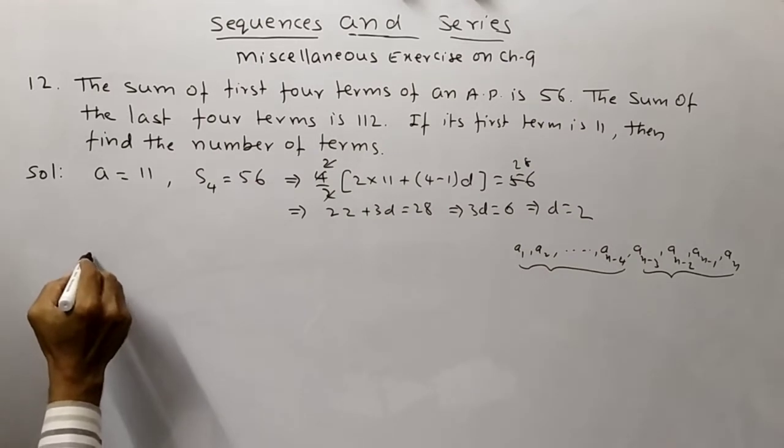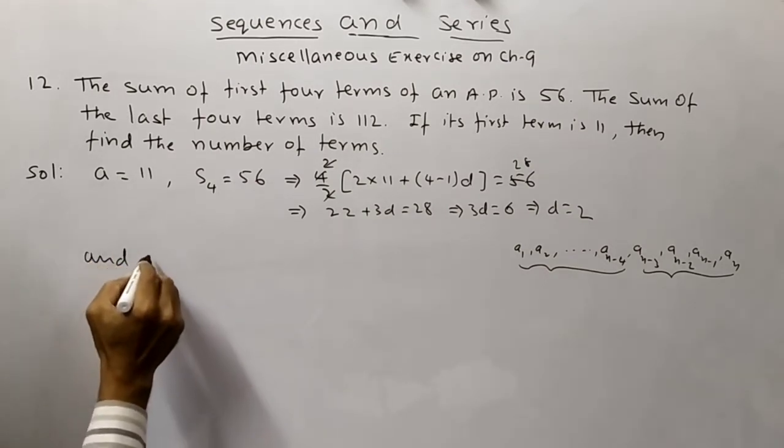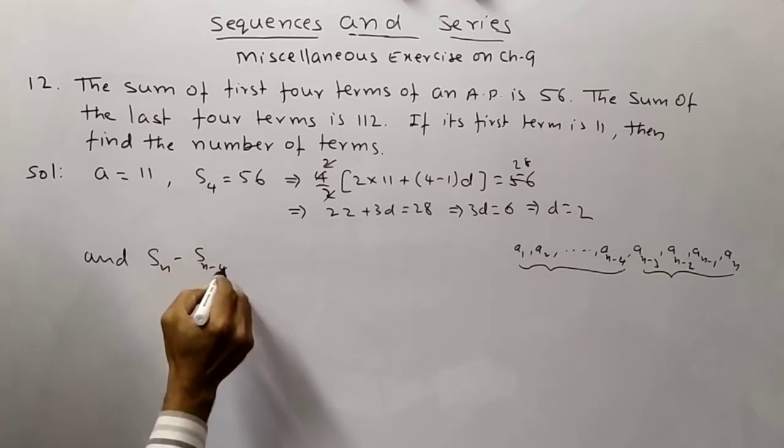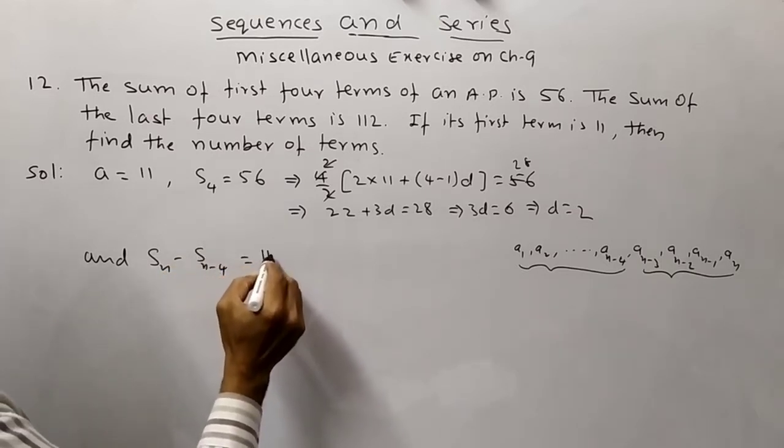Therefore, Sn minus S(n-4) is equal to 112.